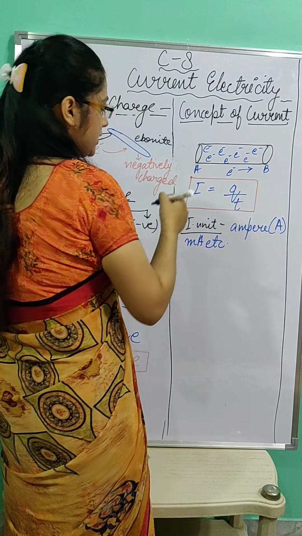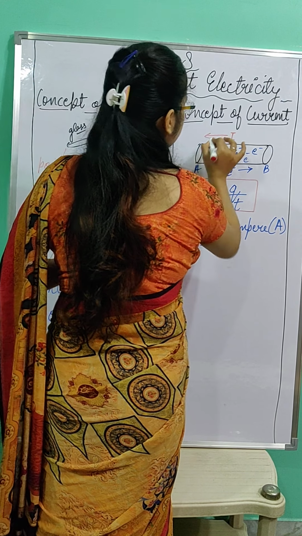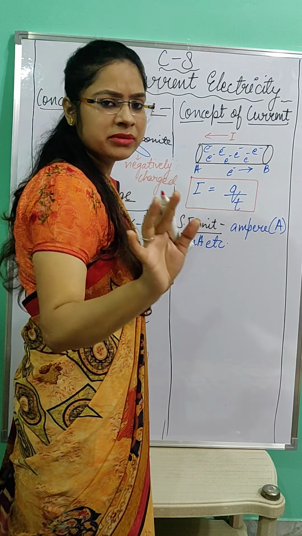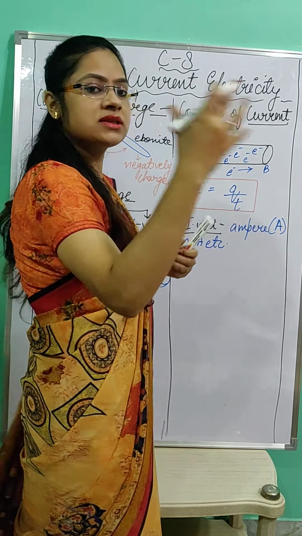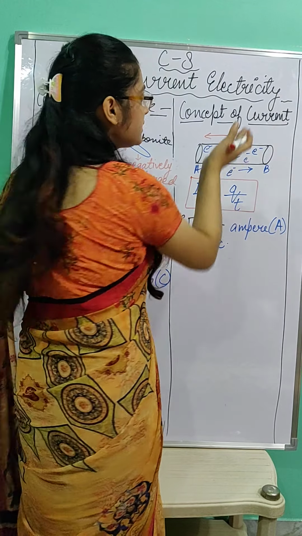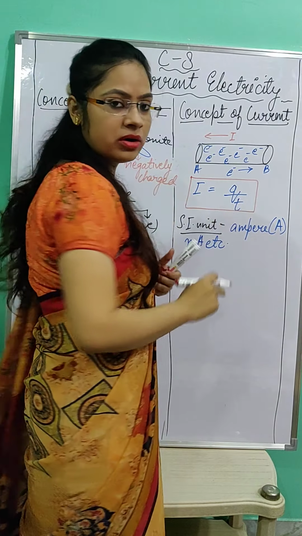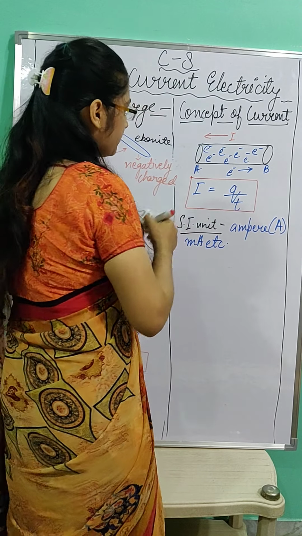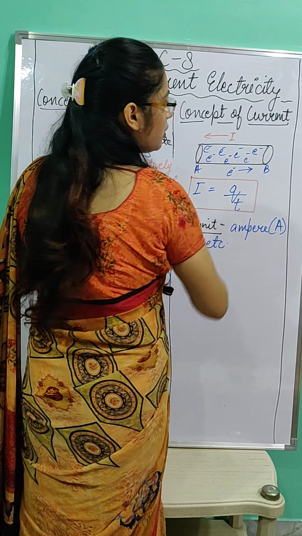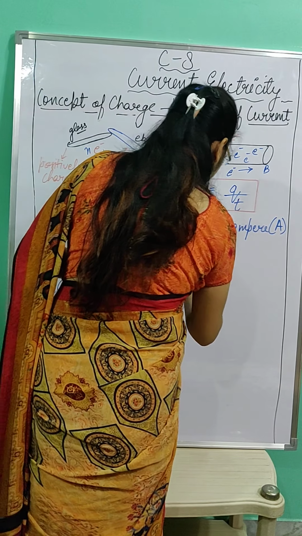Now by convention, it is taken as opposite to the movement of electrons. That is by convention, a man-made thing it is. We have just assumed that whatever is the flow of electrons, the current is always taken as opposite to the flow of electrons. That means if the electrons are flowing from A to B, the current will flow from B to A. I hope this concept is now clear to you all.